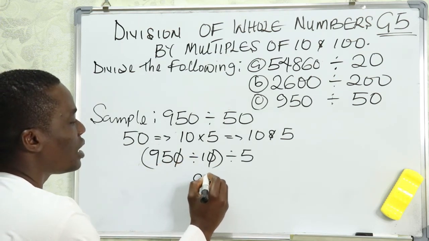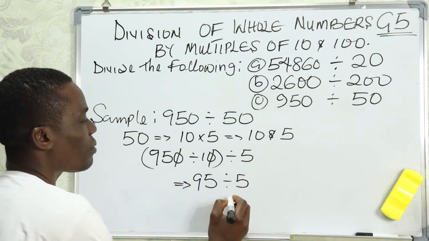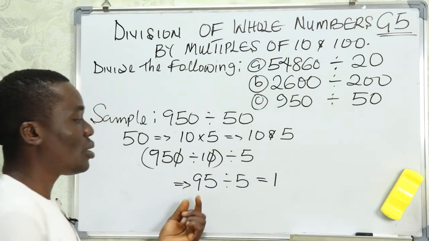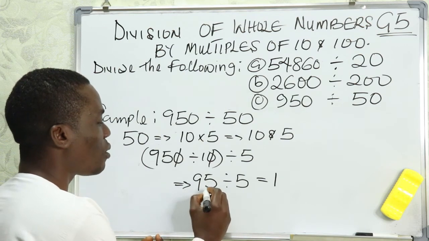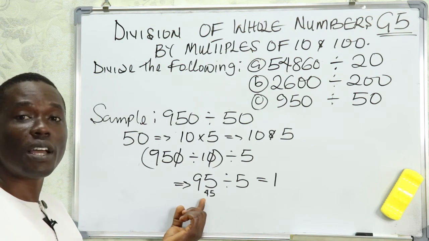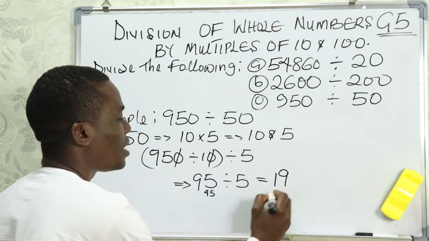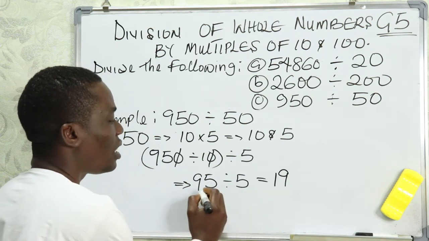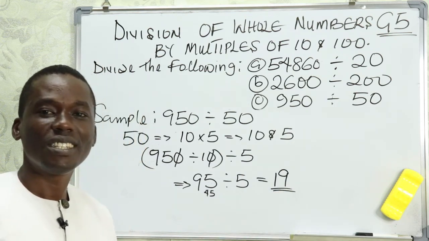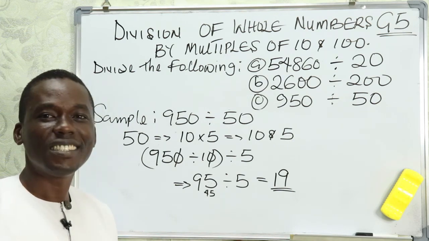So we'll have 95 divided by 5. 9 divided by 5 will give you 1, because you're going to get one 5, remainder 4, and that will make this 45. 45 divided by 5 will give you 9. So you see that 95 divided by 5 will give you 19.